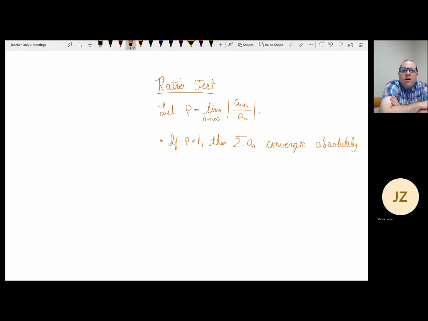If that limit is less than 1, our series converges absolutely.